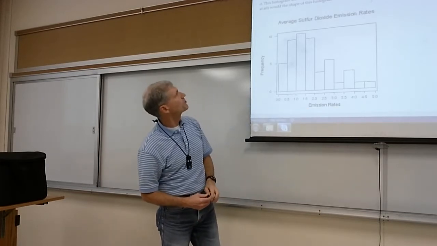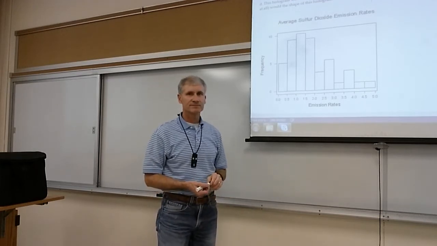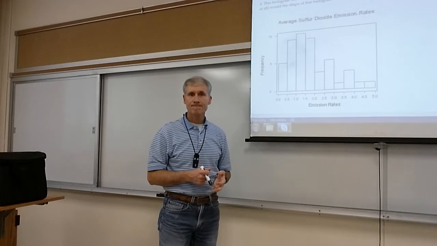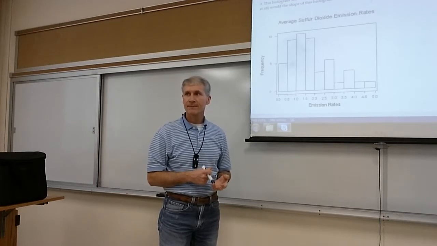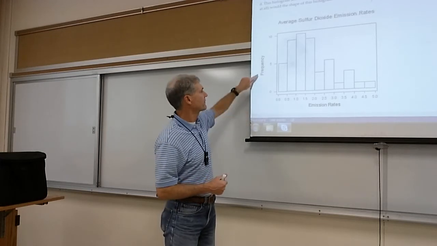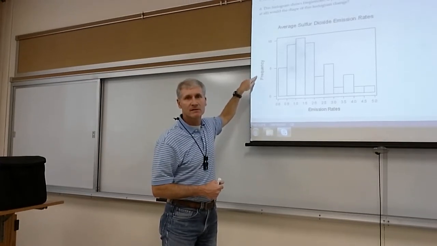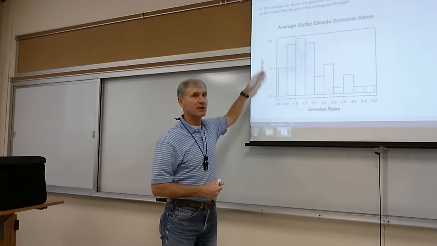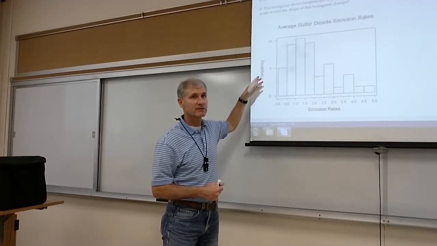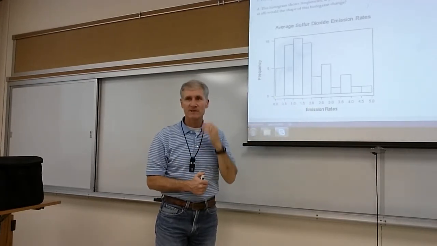All right, part C. What percent of the 47 states were above 3.0? Well, this is a frequency histogram. What does that mean? That means these are counts or frequencies. They're not percentages. So I got to get the counts and then turn it into a percentage.